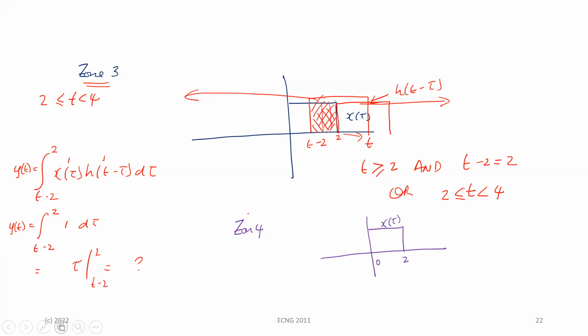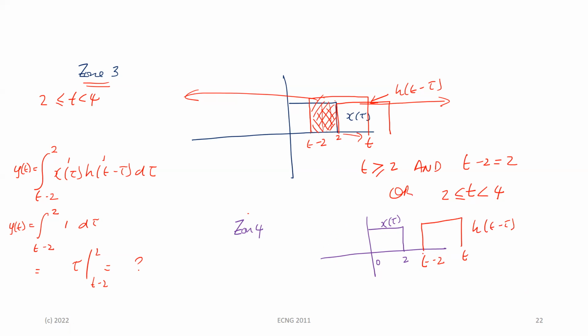And then we have t minus 2. This is h t minus tau. This is the final zone here.